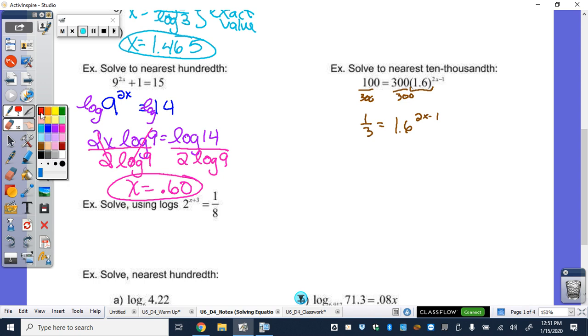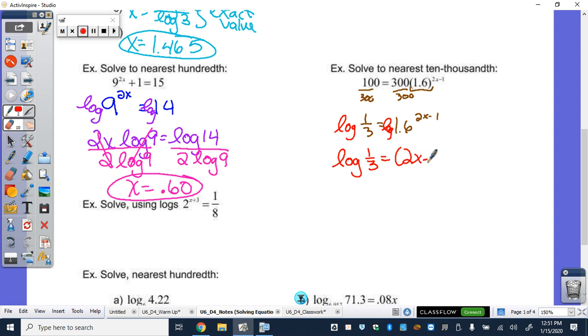So now we're going to take the log of both sides. Because your exponent is a binomial, you want to put it in parentheses. So it's parentheses 2x minus 1 times the log of 1.6 because it's that whole exponent times that log.